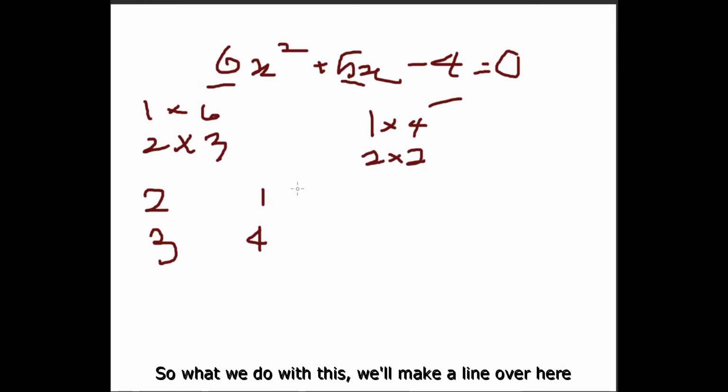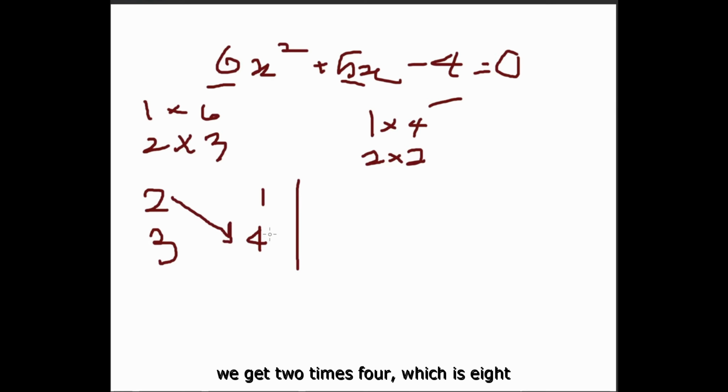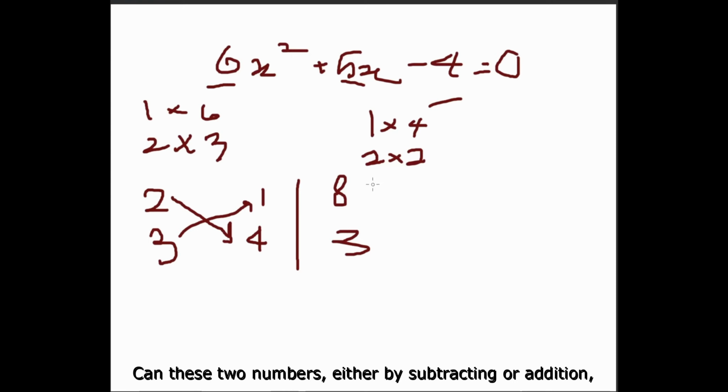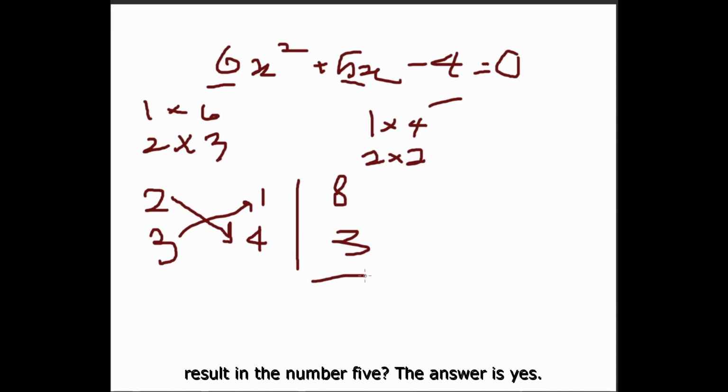So what we do with this, we'll make a line over here, is we cross multiply. We get 2 times 4, which is 8, and we take 3 times 1, which is 3. Can these two numbers, either by subtraction or addition, result in the number 5? The answer is yes.